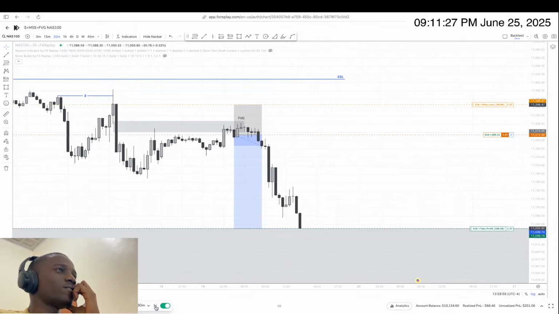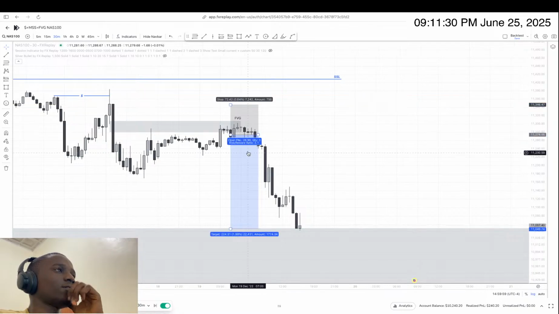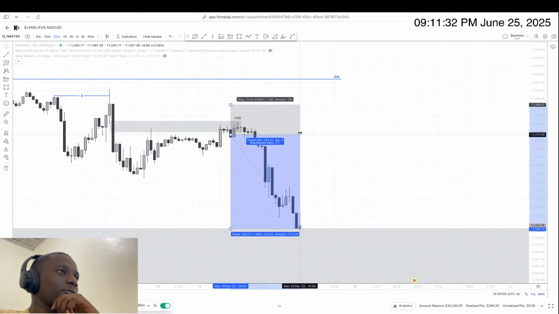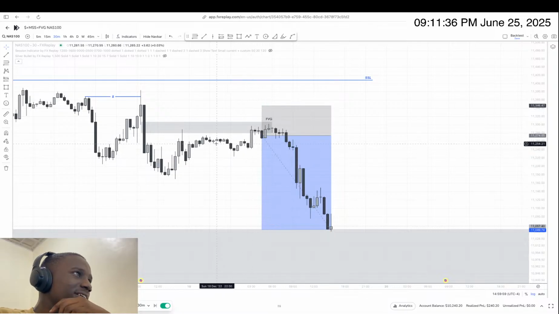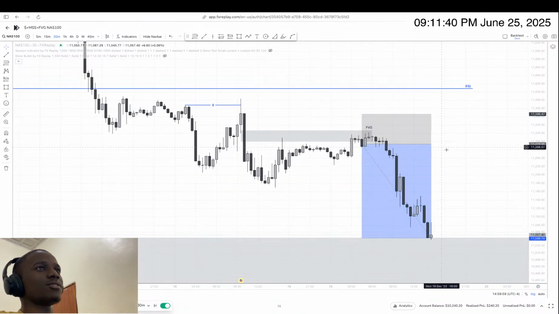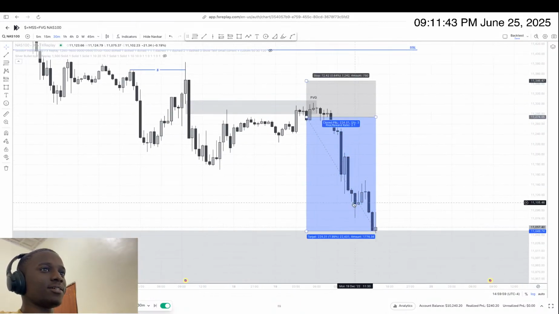We're getting a nice drop to the downside, and you can see we end up hitting take profit as the day ends. And funny thing is that we waited over the weekend for this trade to pan out. So this is a good 3R over here, nice 3R.